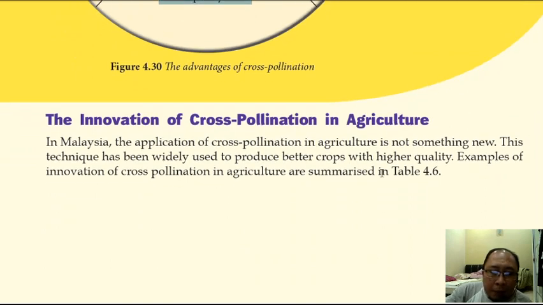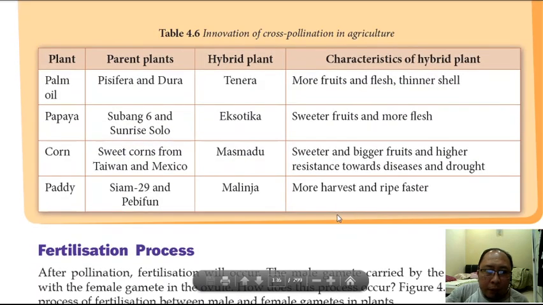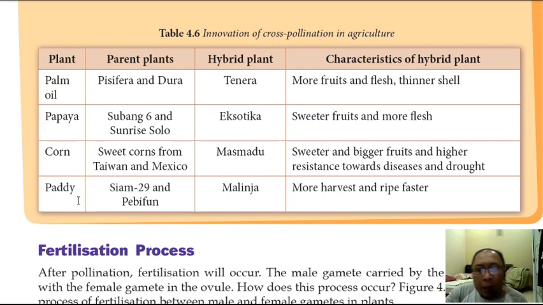Among the examples of innovation of cross-pollination in agriculture are summarized here. Examples given here are palm oil, papaya, corn, paddy, and also other plants that undergo the innovation of cross-pollination in agriculture.